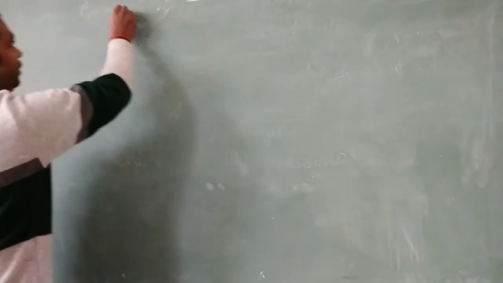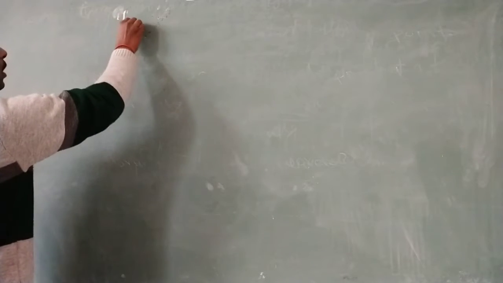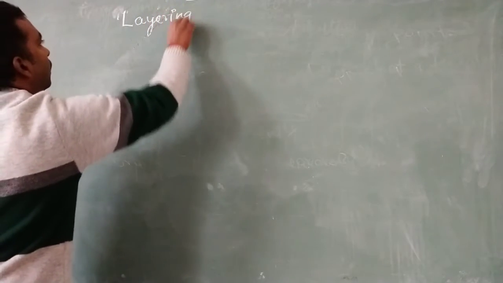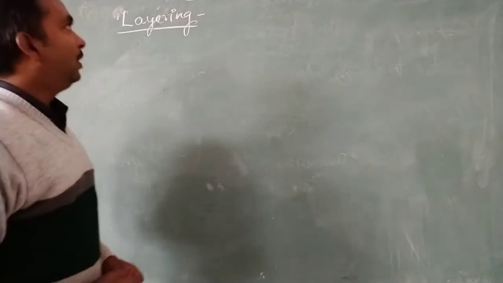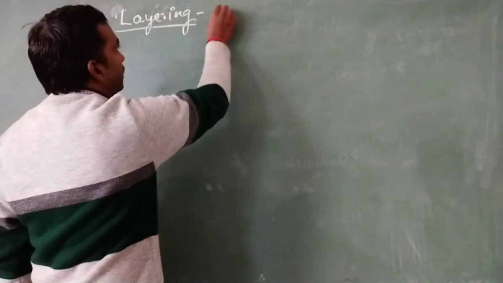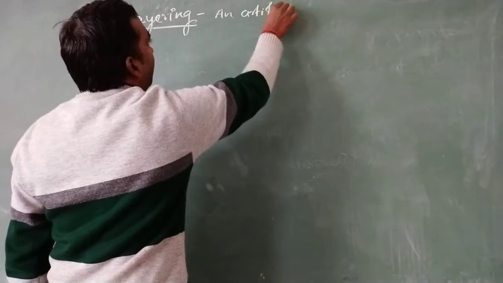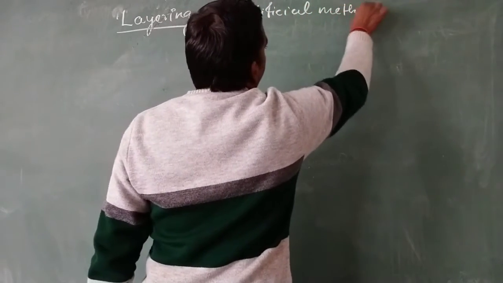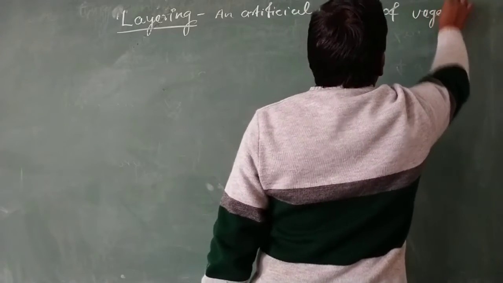So first of all we need to understand about the layering. What is layering? So layering is an artificial method of vegetative propagation.